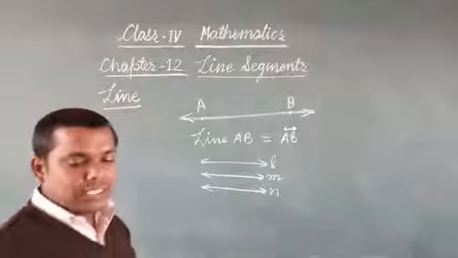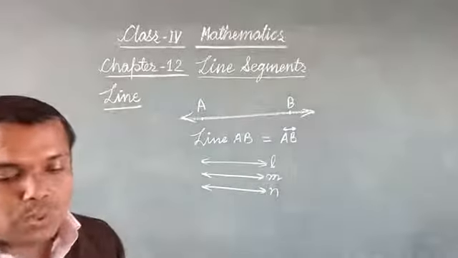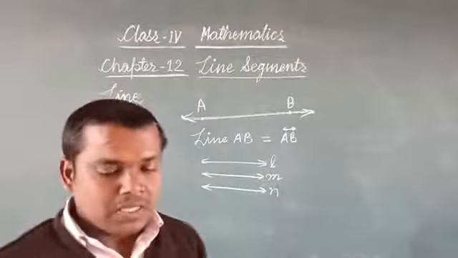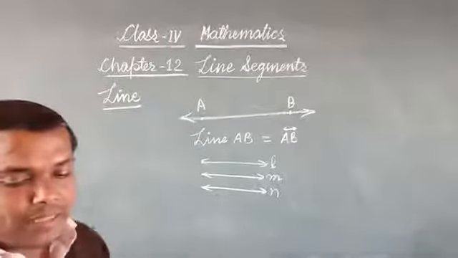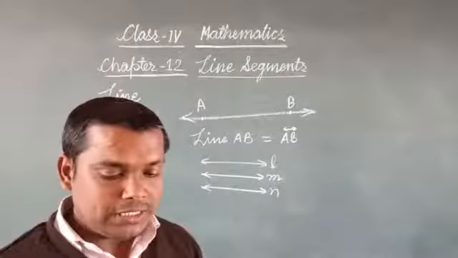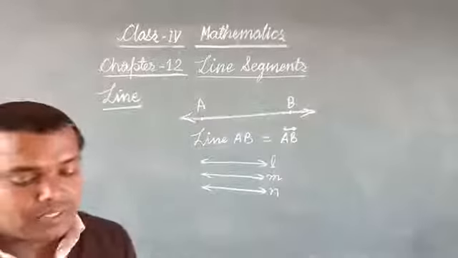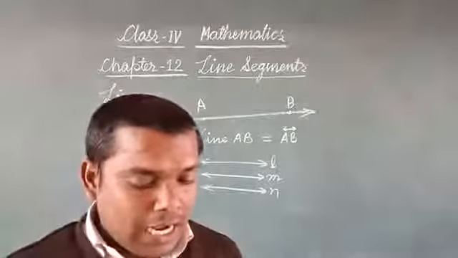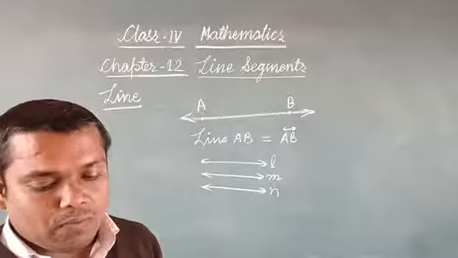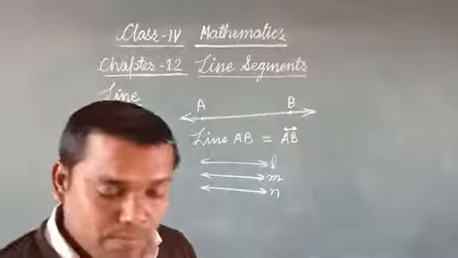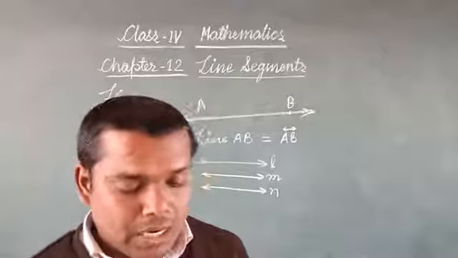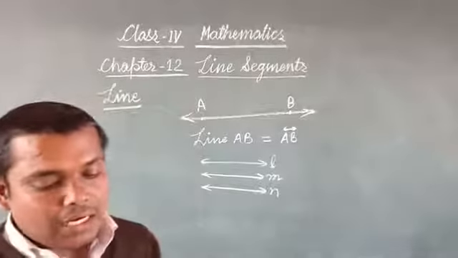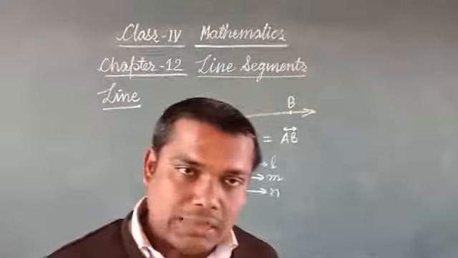The third one is that a line has no end points. A line can be named in the following two ways as I have given here. The fourth one is that we can draw an unlimited number of lines passing through a point, and we can mark an unlimited number of points on a given line.